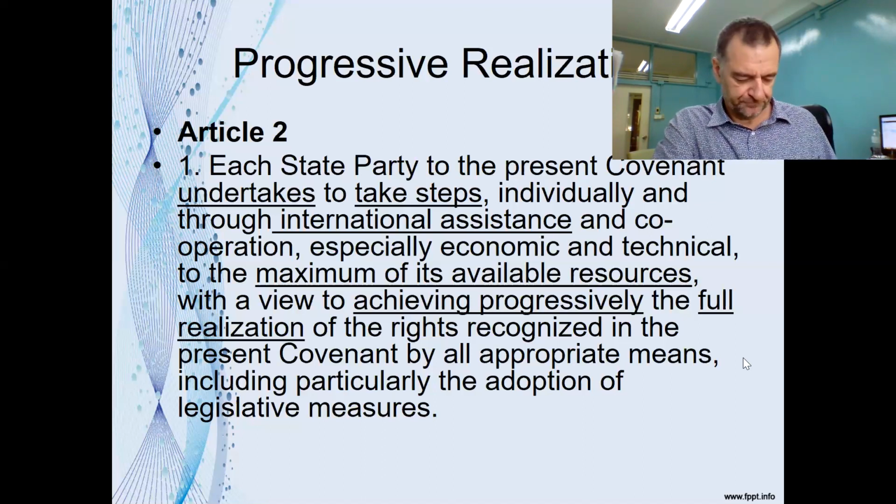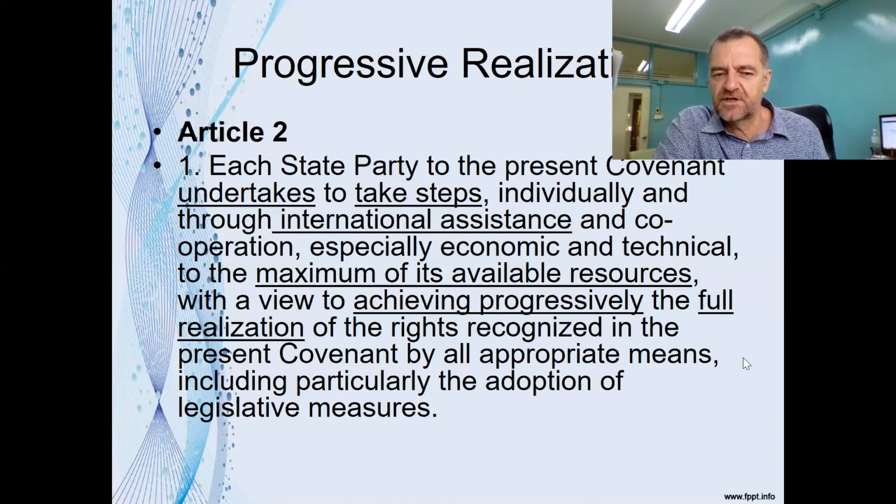It could be where the best and brightest people go and work overseas, as may happen in the health industry. You may train a whole lot of nurses, but they then go away to Europe and do nursing in Europe rather than your own country. It may be that scientists are building weapons and not looking at, say, hunger or agriculture. For example, that may happen in North Korea. But you see that the state has to make sure its resources are devoted to meeting economic, social and cultural rights.